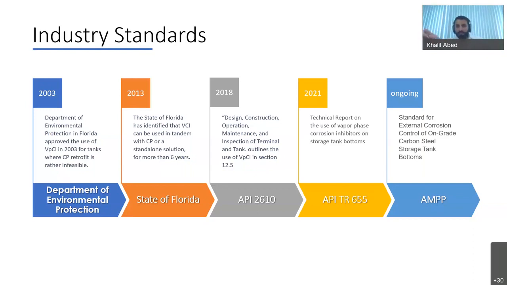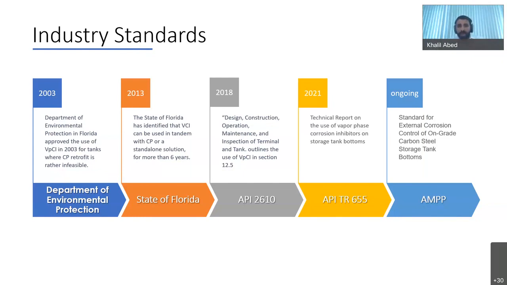A technical report was published by API in April last year, 2021: API Technical Report 655, which provides detail on utilizing volatile corrosion inhibitors for protection of the soil side of tank bottoms.